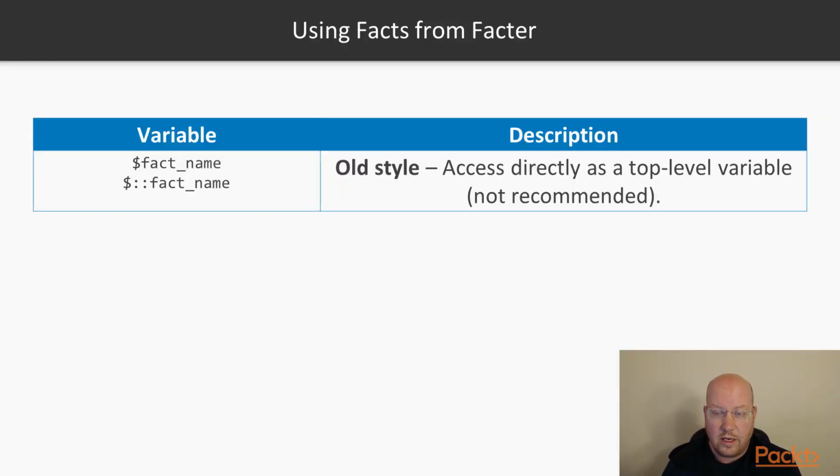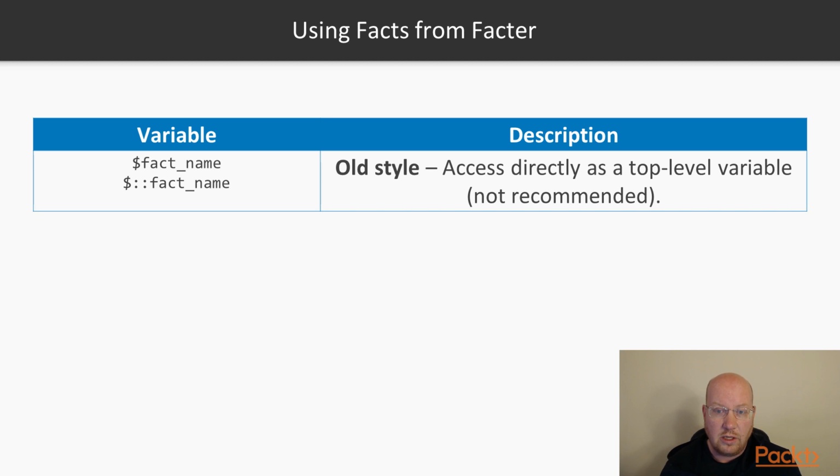The older way to do it, the way that was current up until Puppet version 3, is to just access these facts as a top-level variable by just using a $ sign and then the name of the fact. Now, for older versions of Puppet, it wasn't always clear exactly what variable you would get if you just access them directly like that. So what people would do is use this $:: notation, which you've seen me use before just as illustration, to show that this is a top-level variable. We want to go back up to the top scope to use this variable.